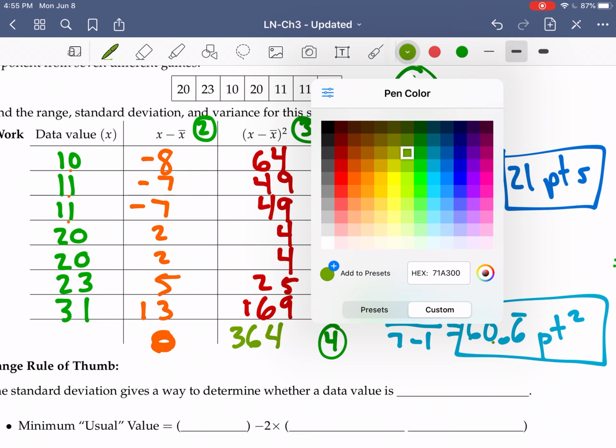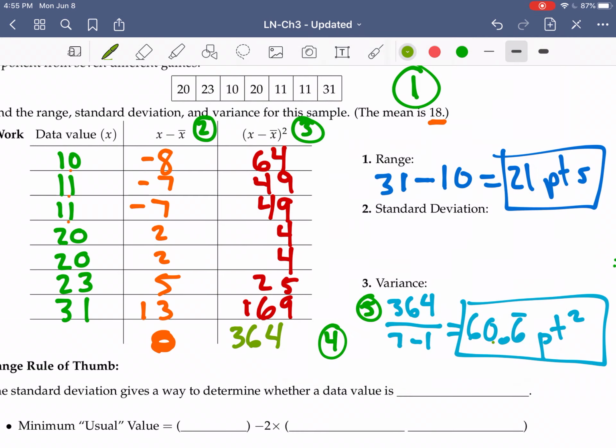And finally, to get to the standard deviation, we're going to take that variance, that 60.6 repeating, and square root it. And when we do that, we get something like 7.79.